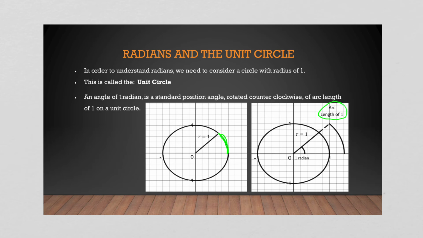Now on the unit circle, you get an arc length of 1 when you've rotated 1 radian. But that's what's going to change. The radian is the rotation measure here instead of a degree. So as your radian increases, your arc length increases. So by using radians, it allows us to calculate the distance traveled of an arc.